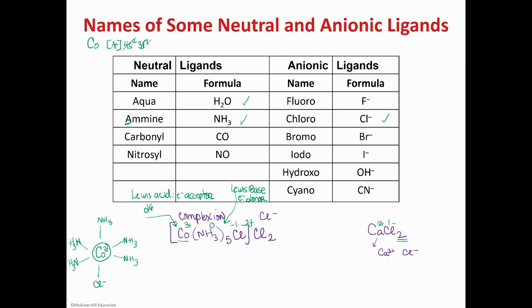There's 5 of them, so this would be penta for the prefix 5, amine, and then chloro, cobalt, 3. So that is the name of the complex ion.